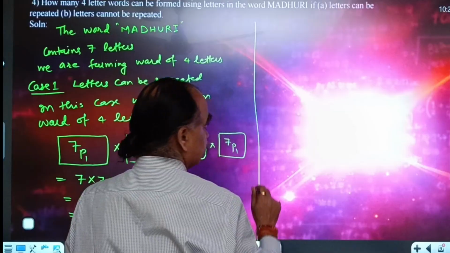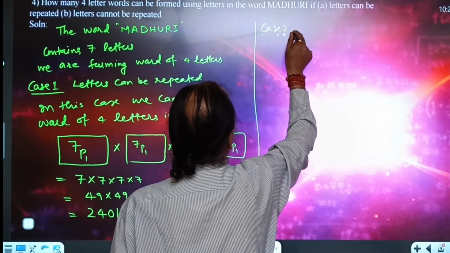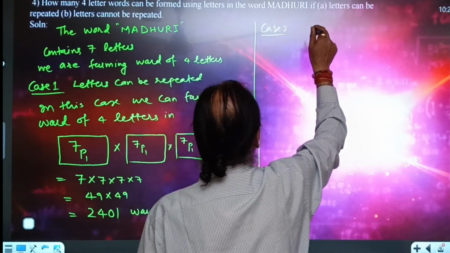Second case is letters cannot be repeated.